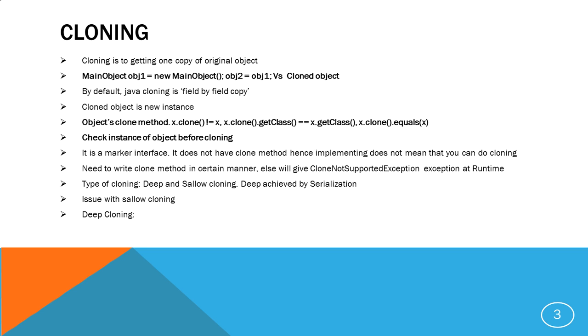How many types of cloning do we do in Java? There are two types of cloning. When I create a copy of one object to another one, it may be a partial copy, or it could be a full copy.